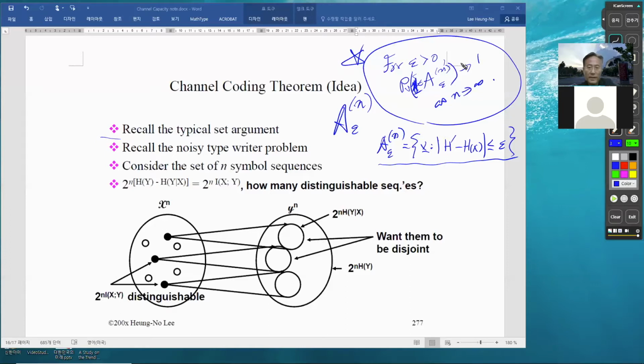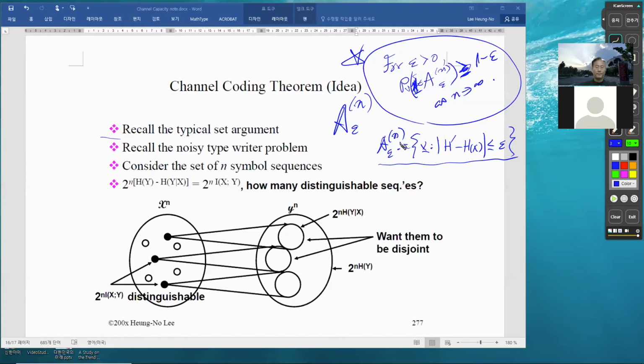Or we can say that this probability is greater than or equal to 1 minus epsilon as n goes to infinity. It has the same meaning, okay? So that's the convergence in probability. That is the definition of a typical set.